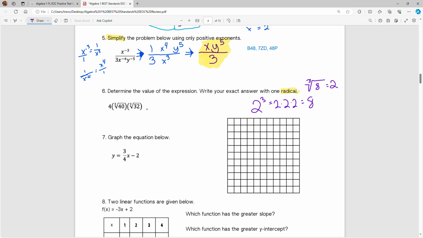And now if I look over here, 40 and 32 are both multiples of 8. So I can rewrite this.